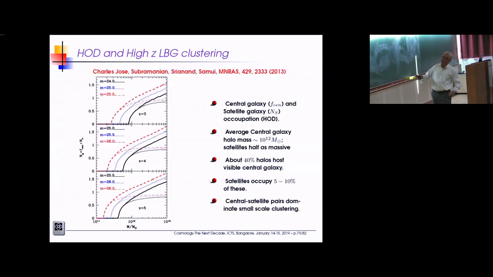So this is the halo occupation distribution that we predicted, the number of halos versus the mass, and it will look qualitatively similar to any of the other stuff that people bandy about.